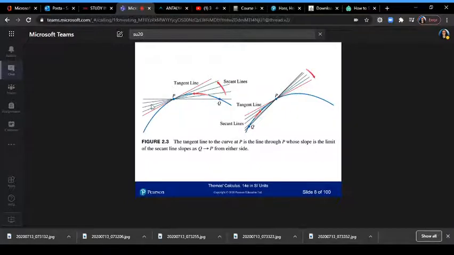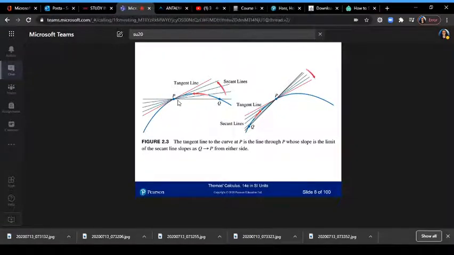And the solution to this was looking at the secant lines. For example, we choose another point Q on the curve, and then we get this point Q closer and closer to P, and each time we draw a secant line.